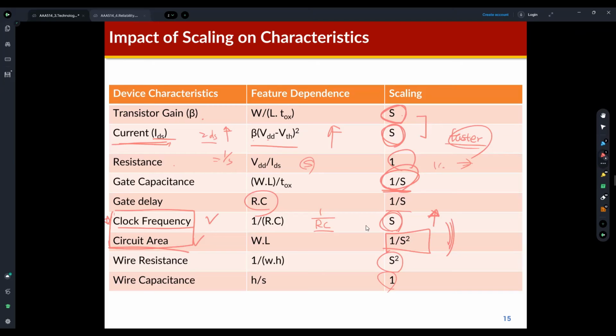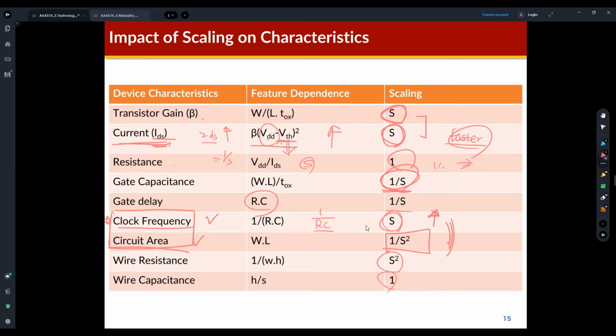So how can we increase this IDS? We can increase the VDD, but it's not a good solution because if we increase the VDD, then this processor will consume more dynamic power. So another possible solution is that we can adjust the threshold voltage here.